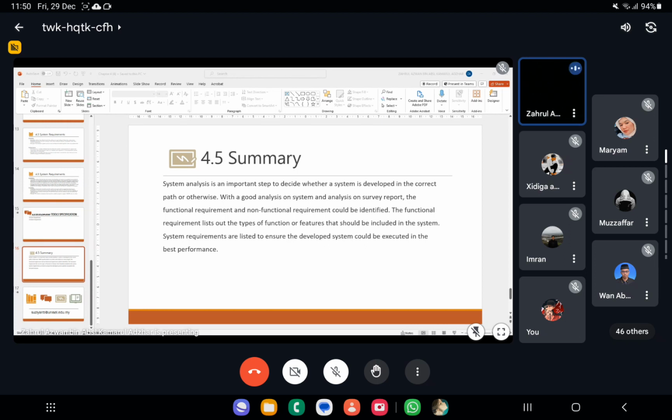I will check whether the file is in the previous semesters' materials, then I will upload it again in your student learning portal.